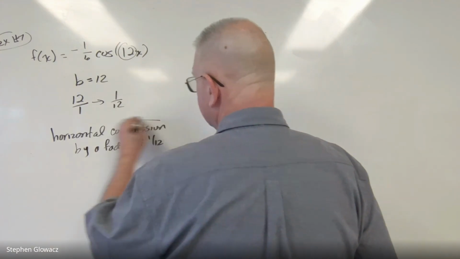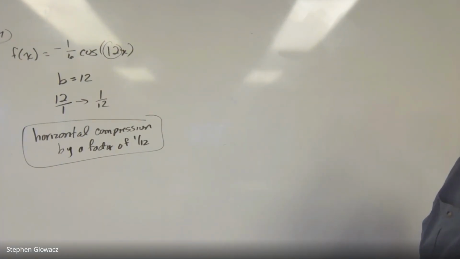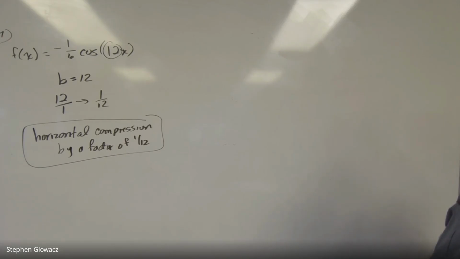And so that's how you would do number 7. Number 8, it says consider the function, and this time they're asking for the period of the function. So let's take a look at an example for number 8.